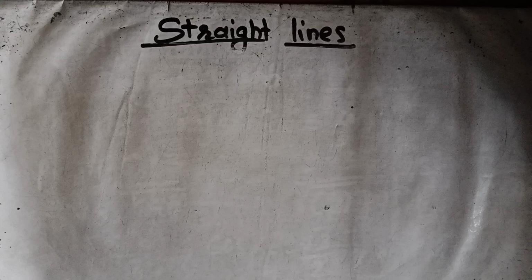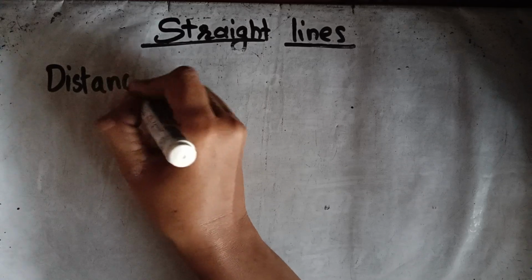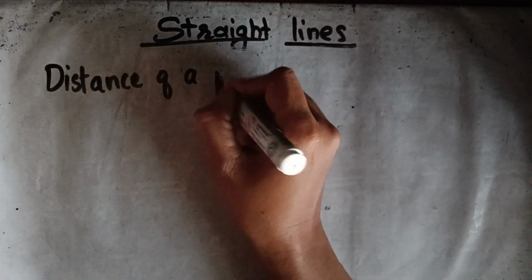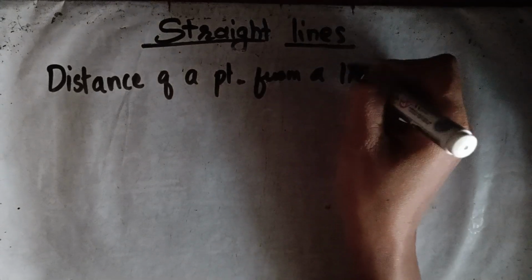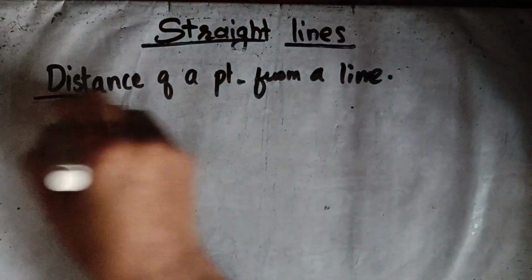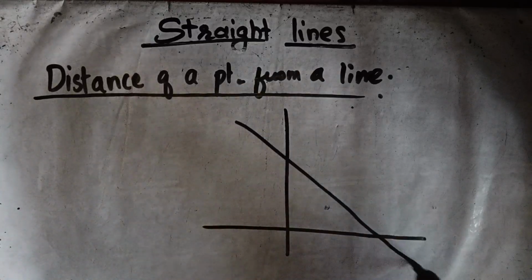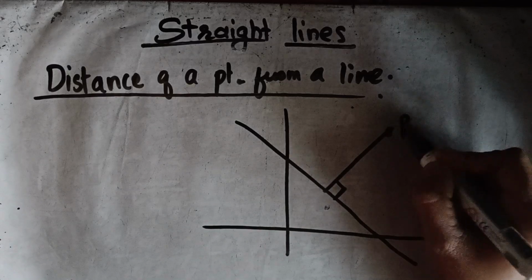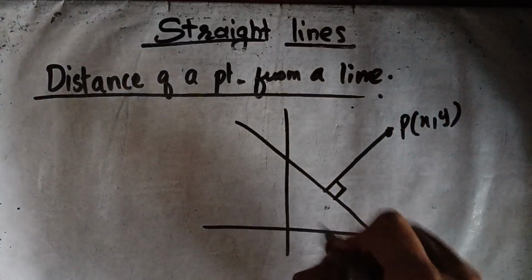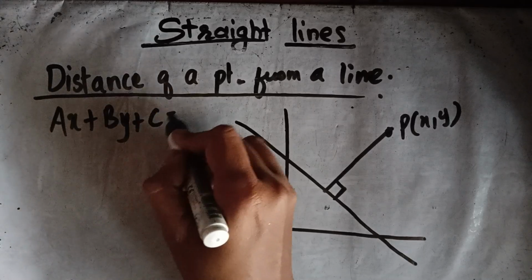Next subtopic is distance of a point from a line. Actually, it is a perpendicular distance. So if you have a line, say, and this is the perpendicular, and this is that point. The equation of the line is ax plus by plus c equal to 0.